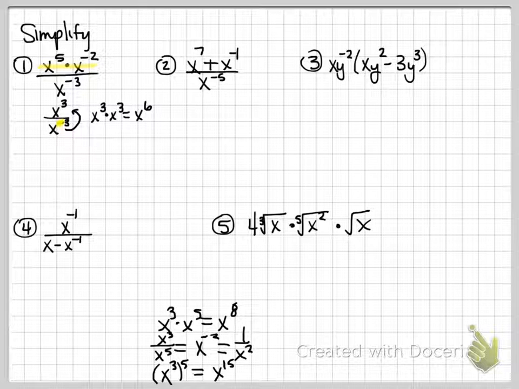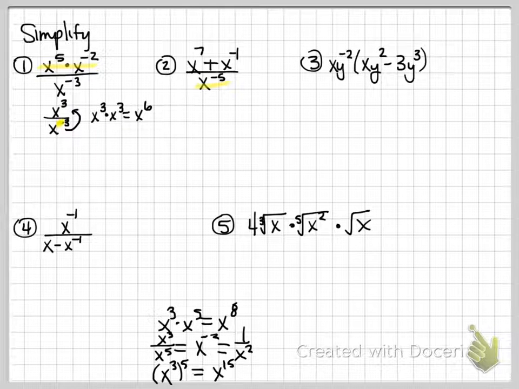Okay, move on to the second one. Now if you notice, this one's a little different in the fact it's got a plus sign inside of it. So I can't add variables together if they have different exponents. So I can't do what I did in the first problem. I have to do something different. Now this denominator of x to the negative 5 is underneath both parts of my numerator.